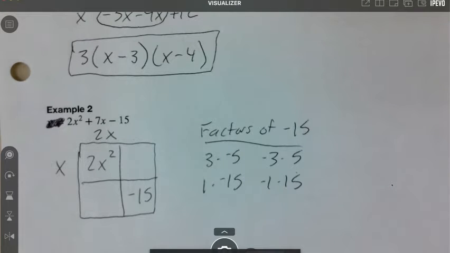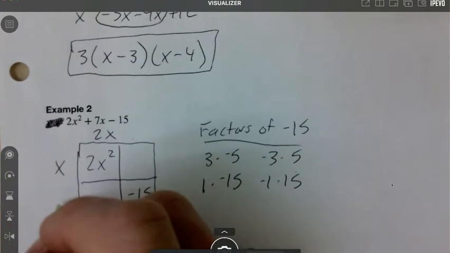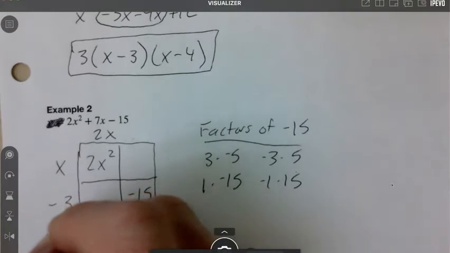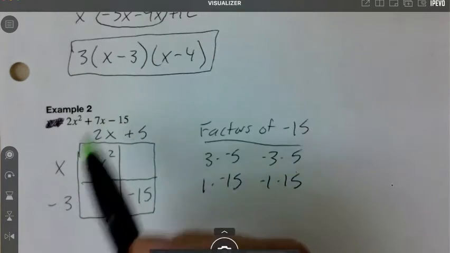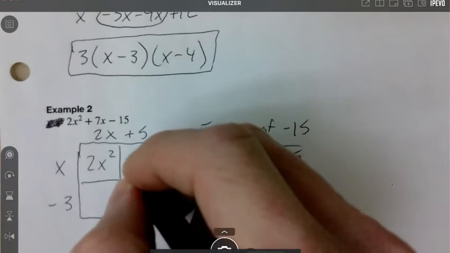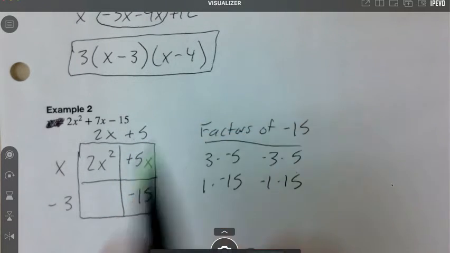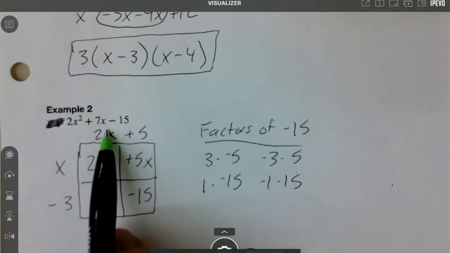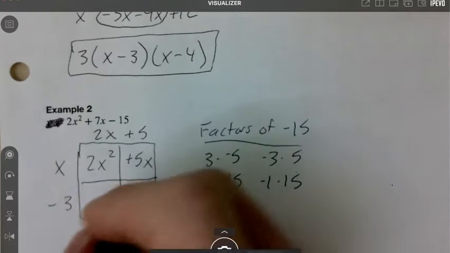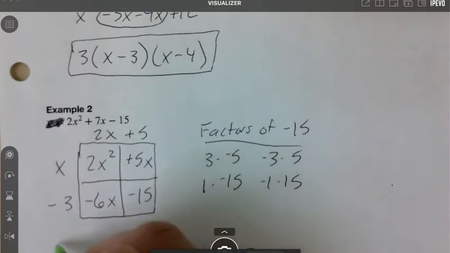So let's say, in this case, I'm going to pick one that I know doesn't work. I'm going to put a negative 3 here and a positive 5 here. Then I'm going to end up with x times 5 plus 5x. But this box, notice I have a negative 3 and a 2x here. 2x times negative 3 is really going to be negative 6x.